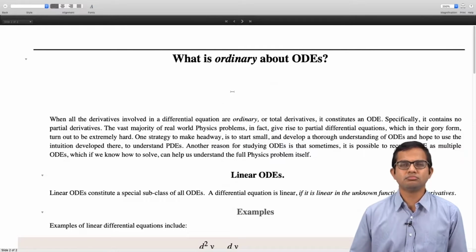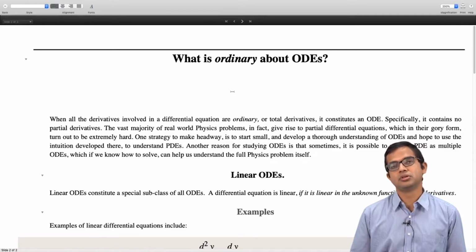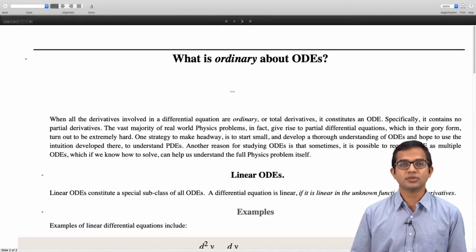Okay, so a differential equation contains in general many derivatives, and they're tied together in some linear combination of these derivatives of some unknown function, and then they add up to some other function, or they can add up to 0, right? And our job is to find a function which satisfies such a linear combination of various derivatives.